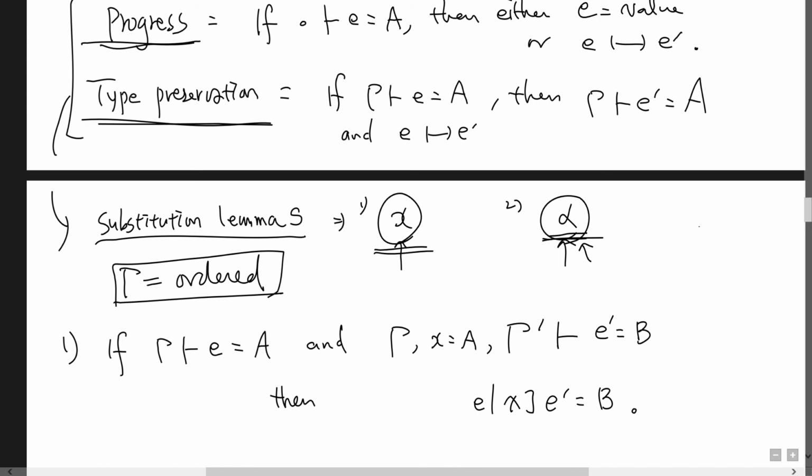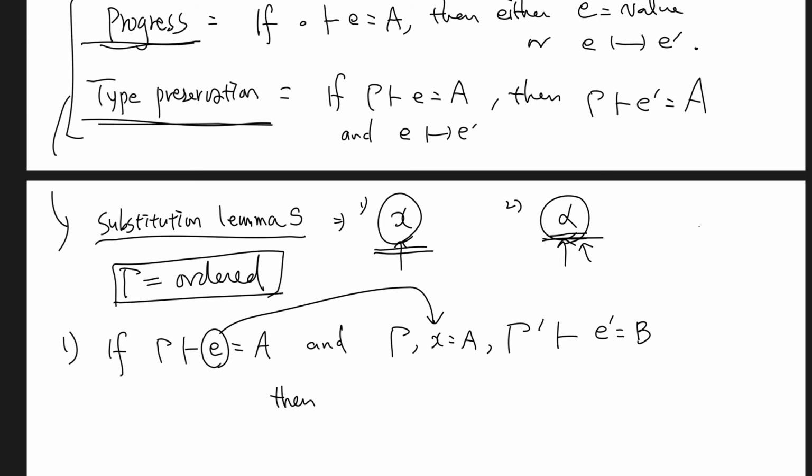Then how do we fix this conclusion? Now we are going to substitute expression E for variable x. So therefore, this type binding will be gone. Then we are left with gamma and gamma prime.